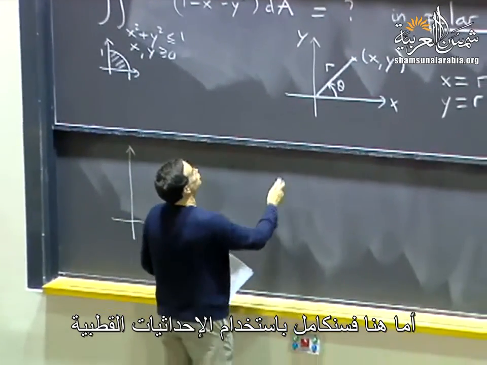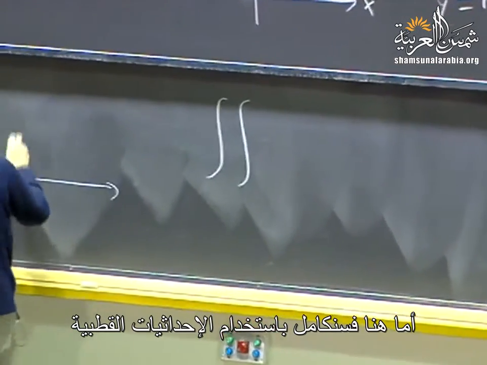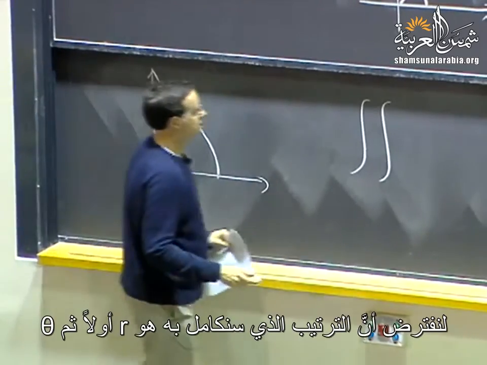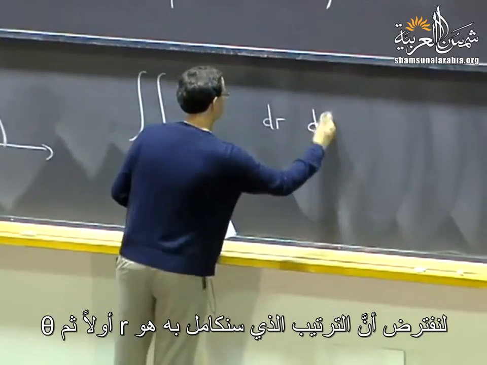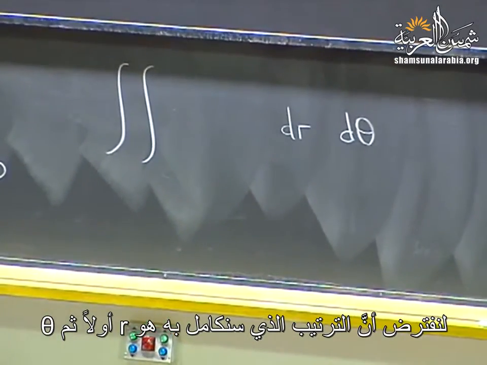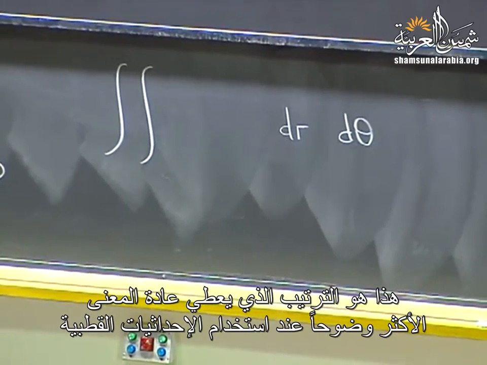So now we are going to actually integrate in terms of the polar coordinates, r and theta. So let's say we will integrate in the order, well, r first and then theta. That's the order that makes the most sense usually when you do polar coordinates.